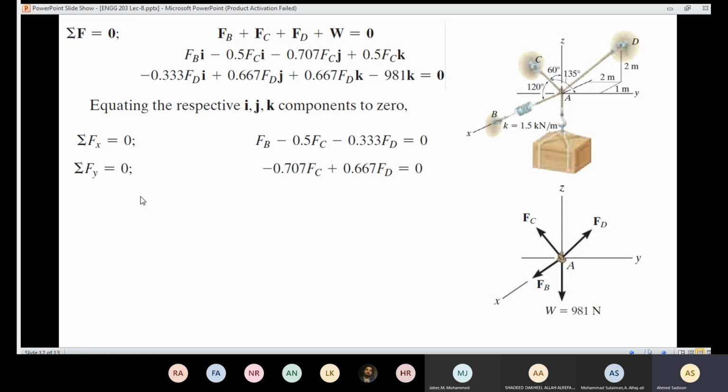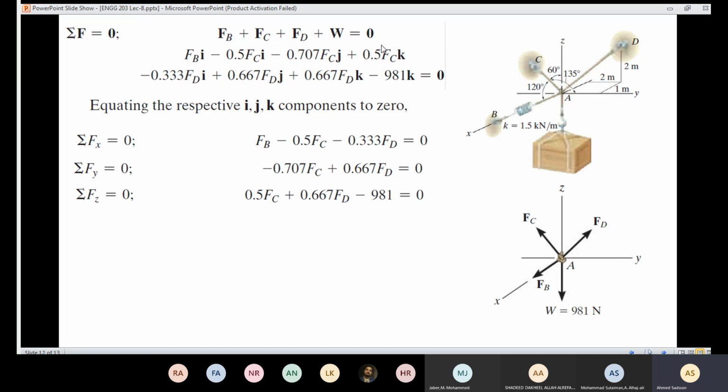Then I'm going to say that the summation of Fy is going to equal 0. I'm going to set the component of j to 0. I have this part and I have that part only. So minus this part plus that part is going to equal 0. Then finally, I'm going to equate the components of k to 0.